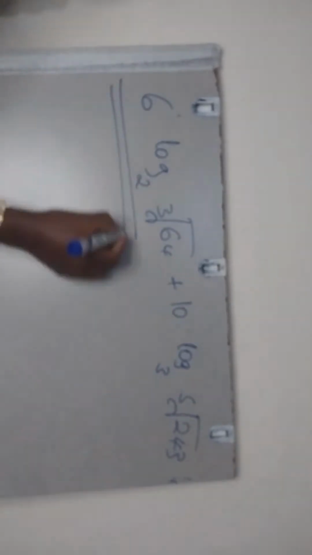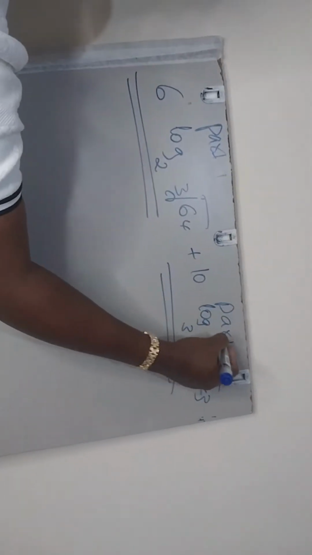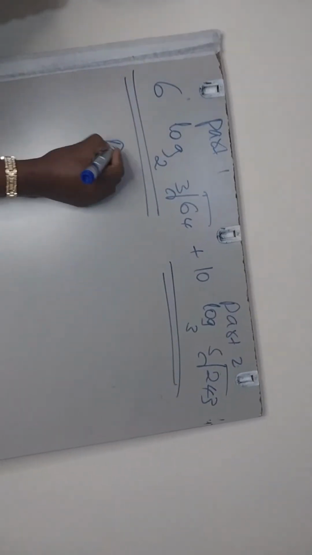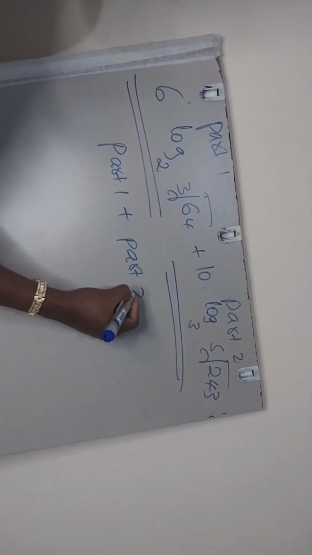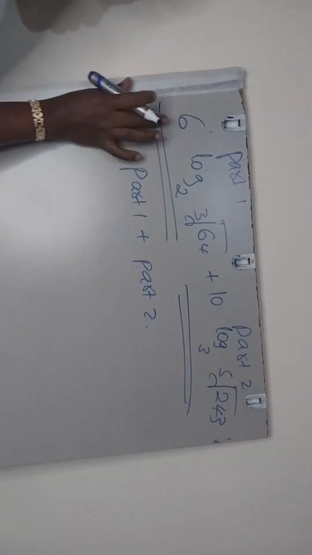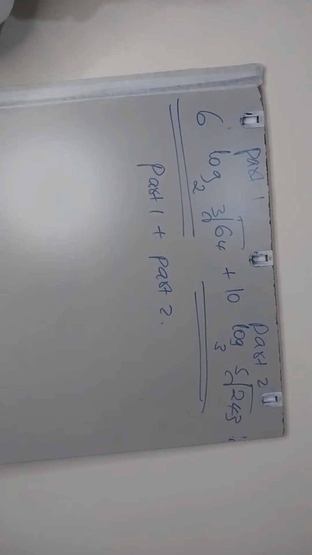I'll treat this as part 1 and this one as part 2, and have a different question that says part 1 plus part 2. So, why can't we do each part separately then finish our question using part 1 plus part 2?